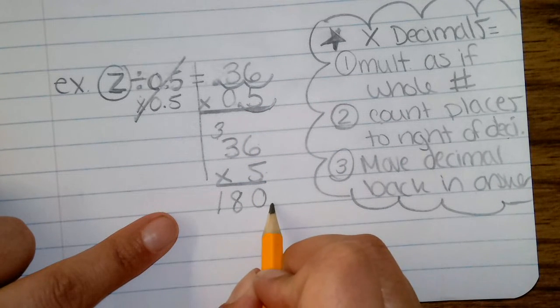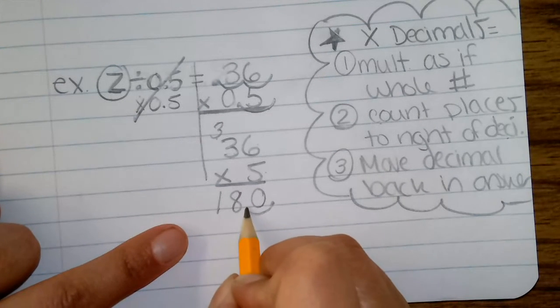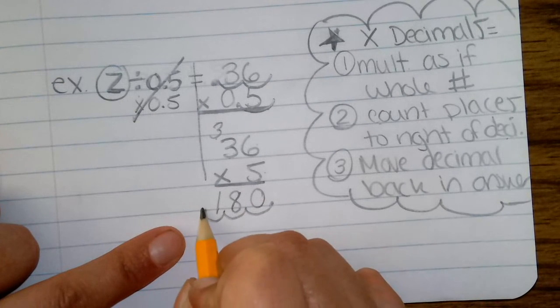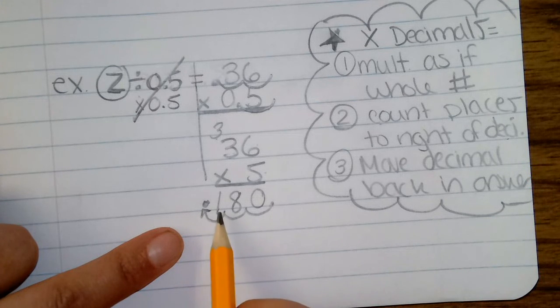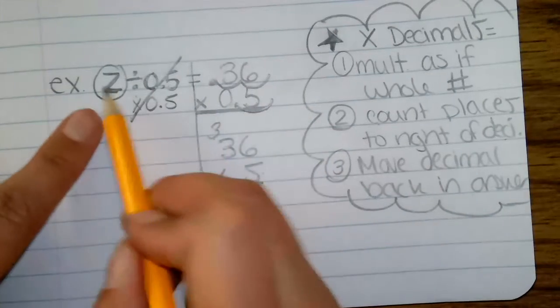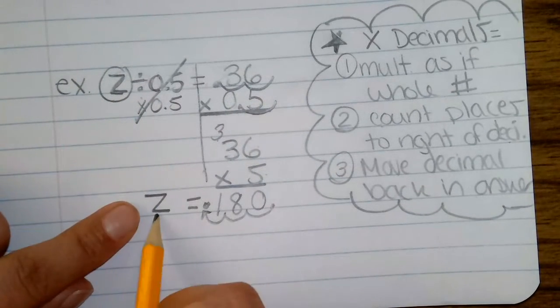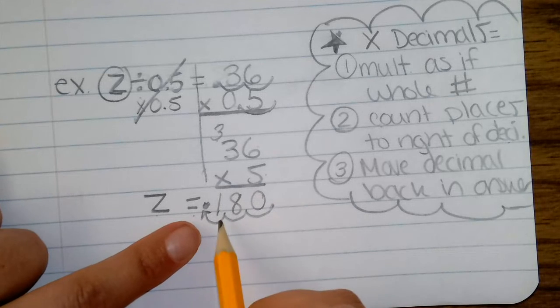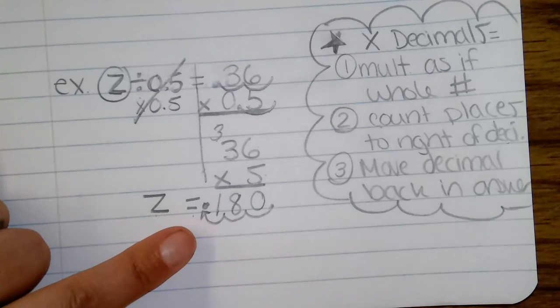So that means I'm going to move my decimal point from the right-hand side 3 places to the left. 1, 2, 3. So I get 0.180. Okay, so Z, which is all alone, Z equals 0.180 or 18 hundredths or 180 thousandths.